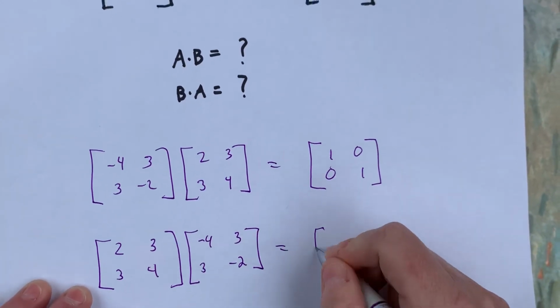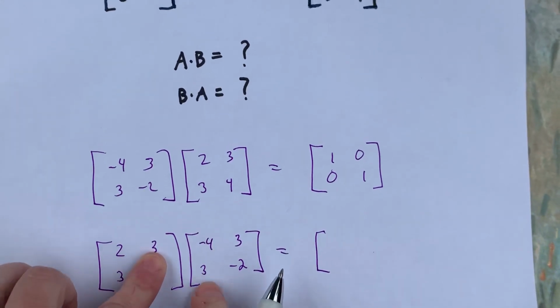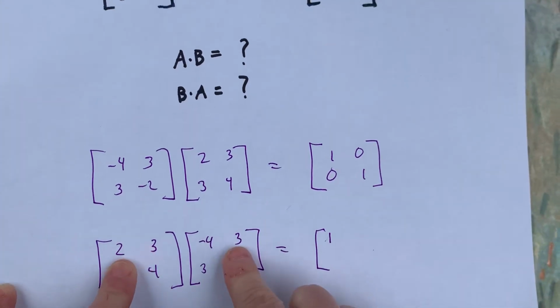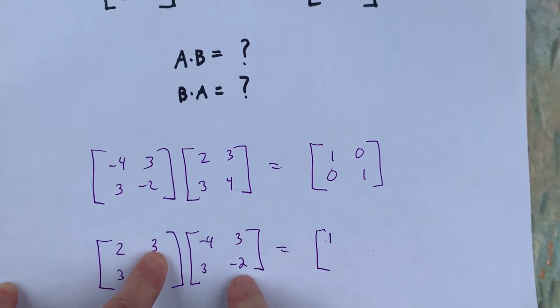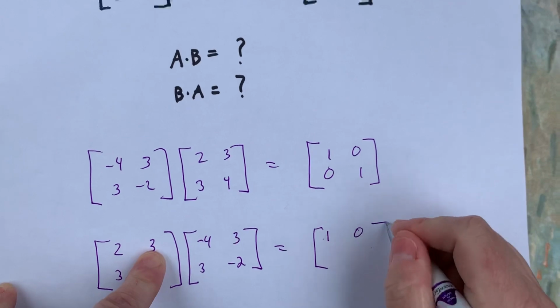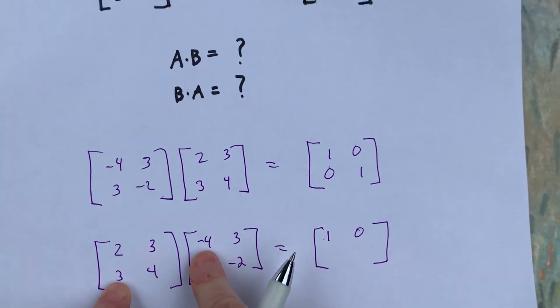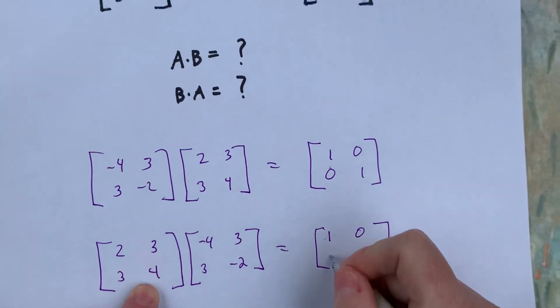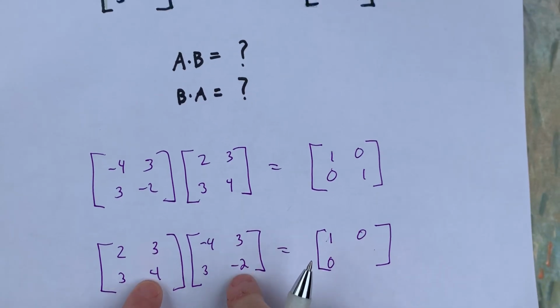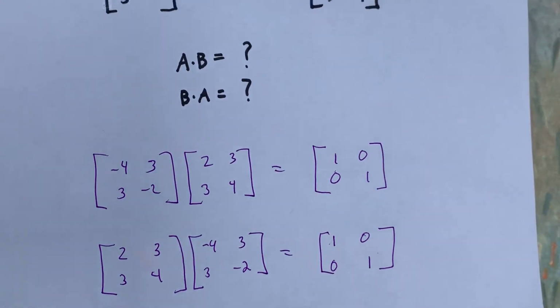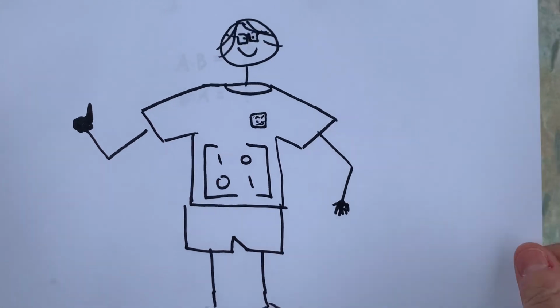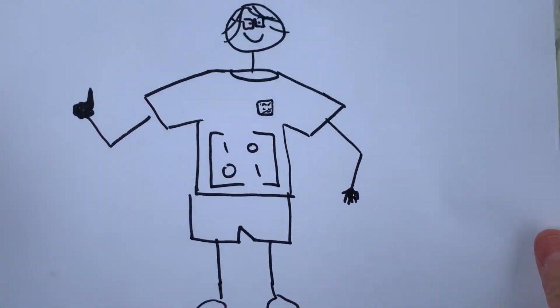All right, let's see what we've got here. -8 plus 9, 1. 6 minus 6, 0. -12 plus 12, 0. 9 minus 8, 1. There he is, our friend, the identity matrix. He is so happy.